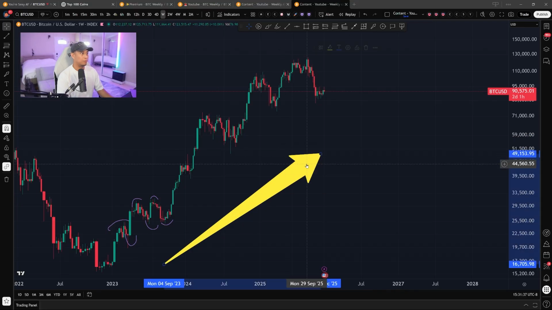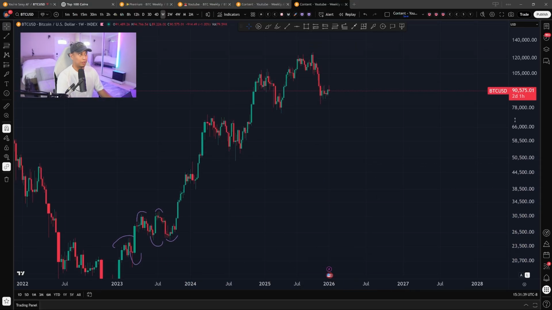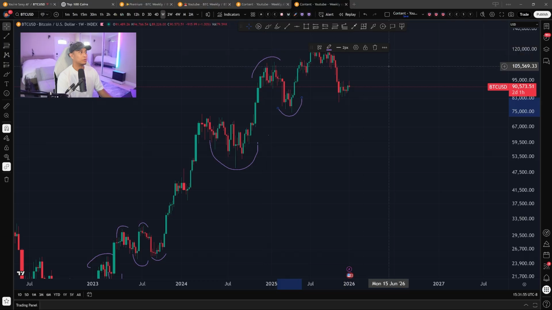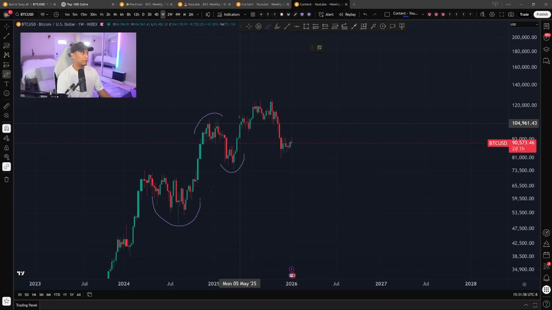If we move on to closer, this is where people are a little scared. Let me do those drawings again. Right here is a big higher low. And then we got a big higher high here. We have a bigger higher low here. This one technically would be a higher, I'm taking big reaches here.